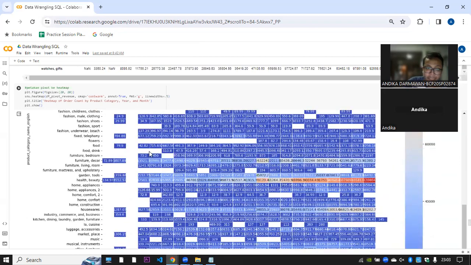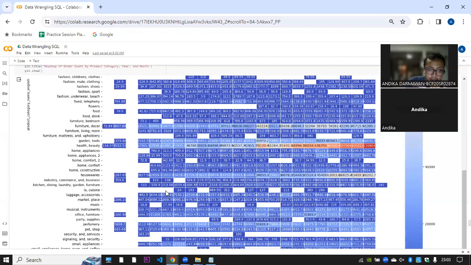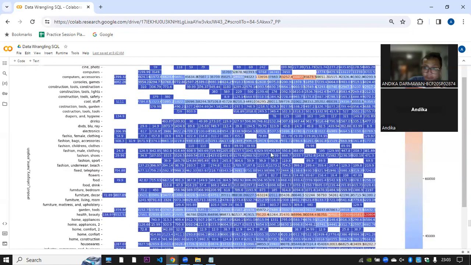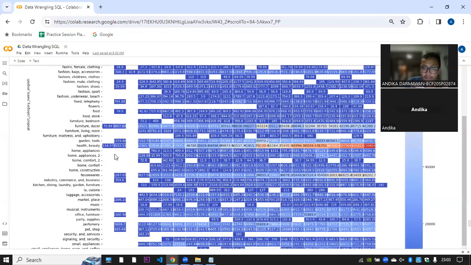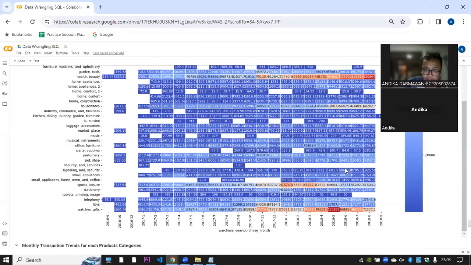So maybe bed table has the highest number of transactions, but from the revenue, the most revenue comes from health and beauty and watches and gifts. The reason watches and gifts have the highest revenue is that most watches have higher prices, even though the quantity is not as high as bed table.